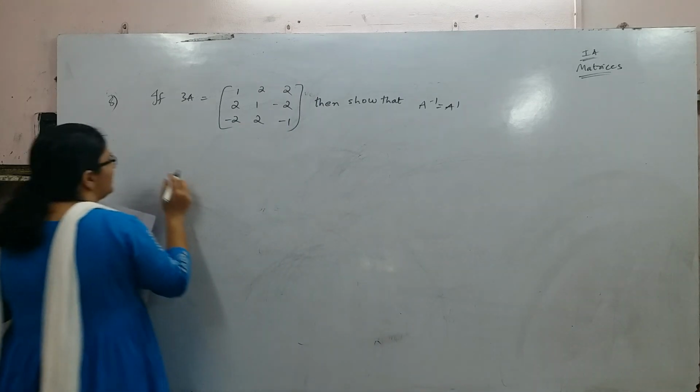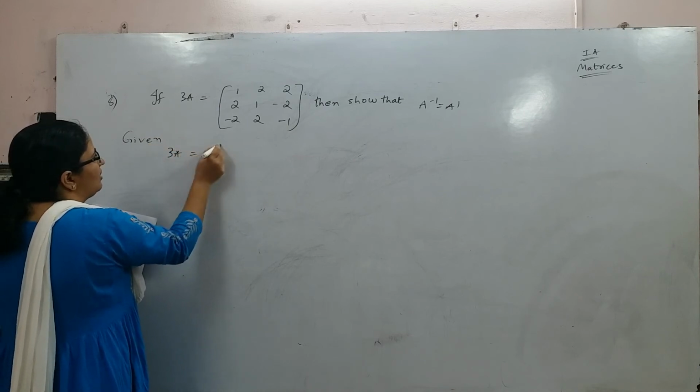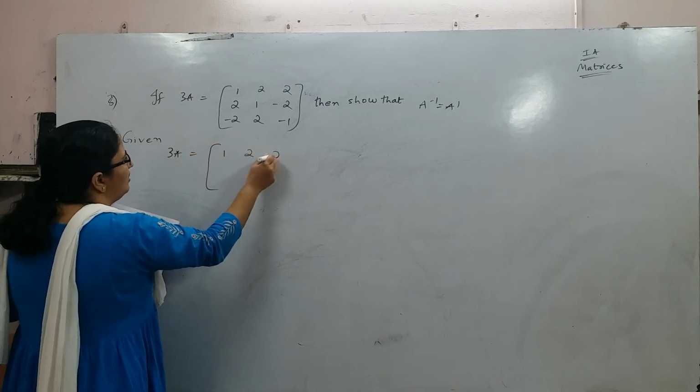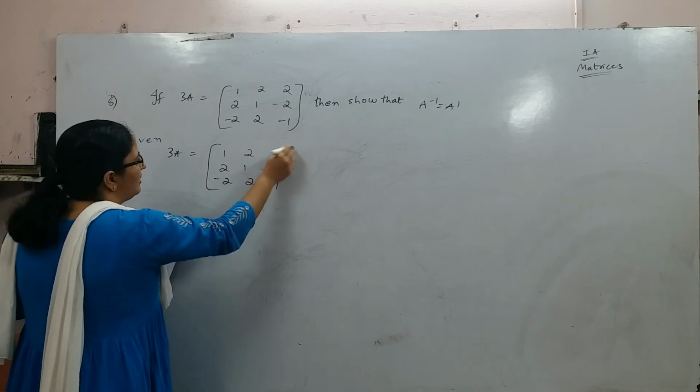Now, what is given to you? Given 3A is equal to 1 2 2, 2 1 minus 2, minus 2 2, minus 1.